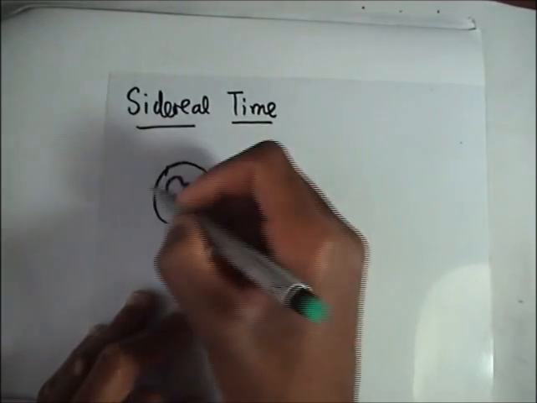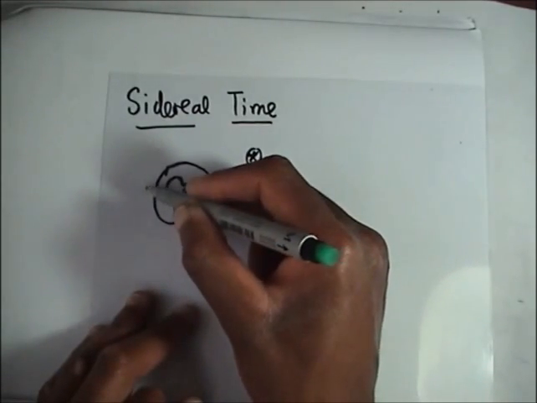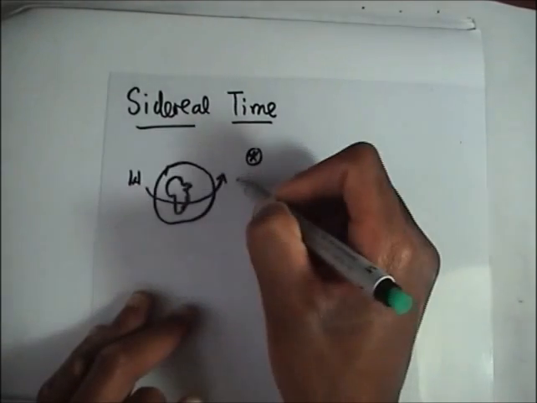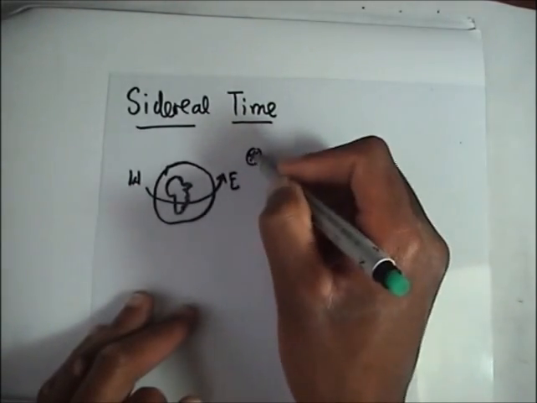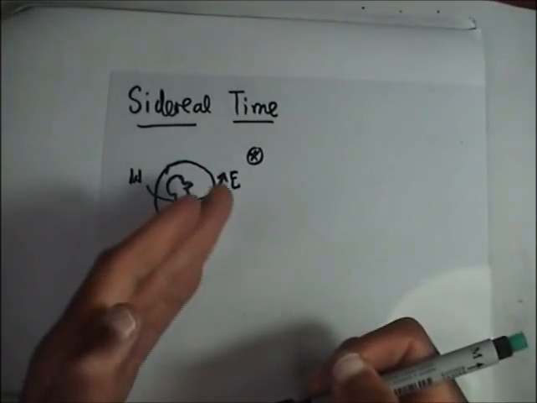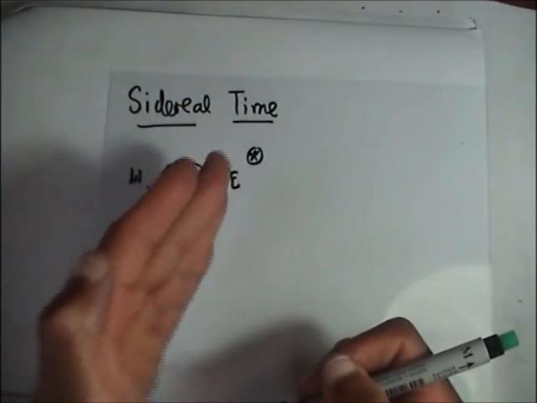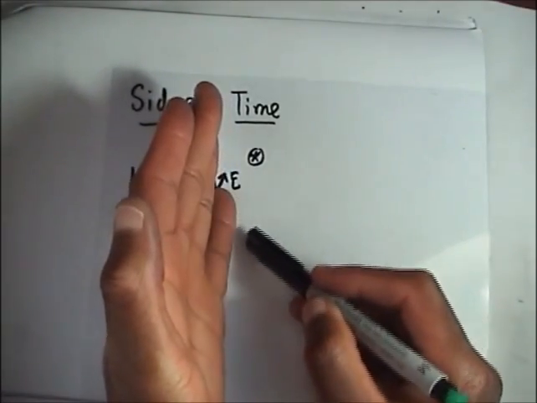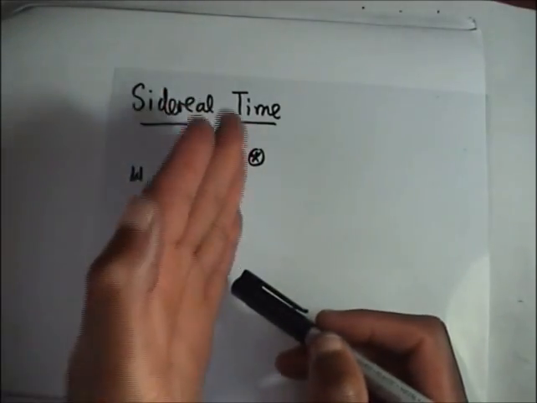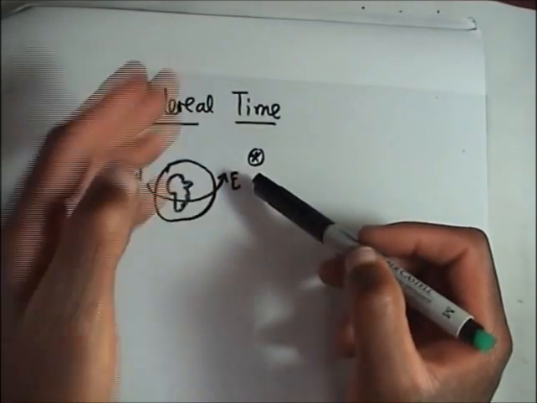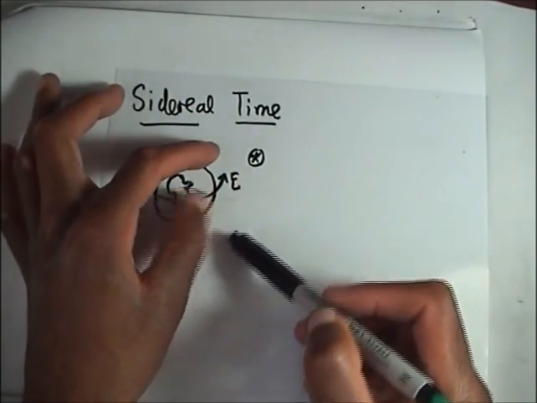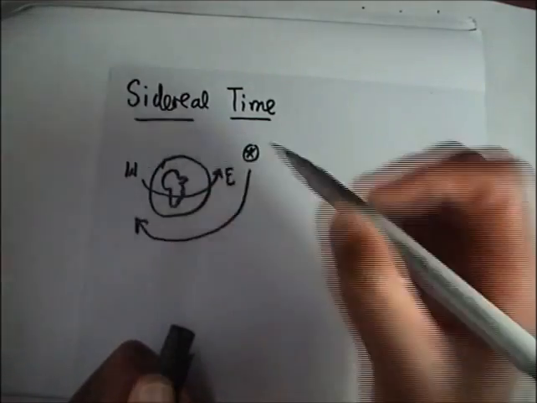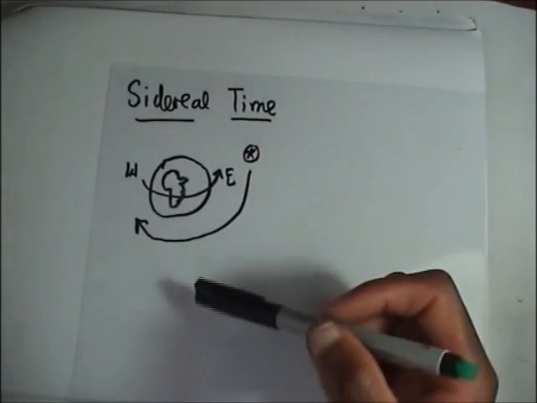The Earth rotates from west to east. This star appears as if I'm stationary, but the star is the one that is moving. So the sky, the celestial sphere, rotates from east to west.